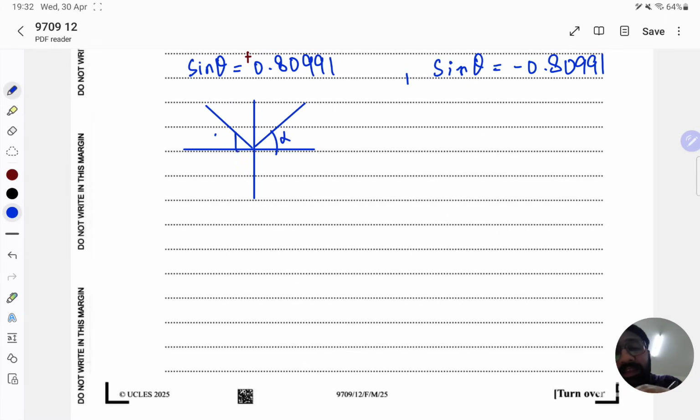I have to find alphas over here. So sine, it's in radians. Remember, you have to convert your calculator back into degrees. So sine inverse of 0.80991 gives you the alpha as 54.087.